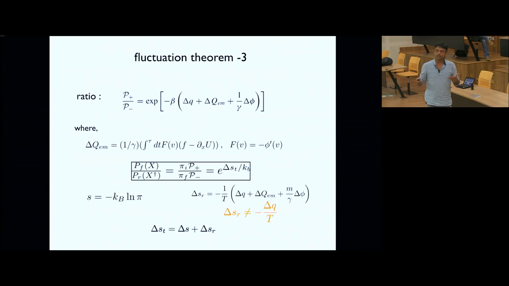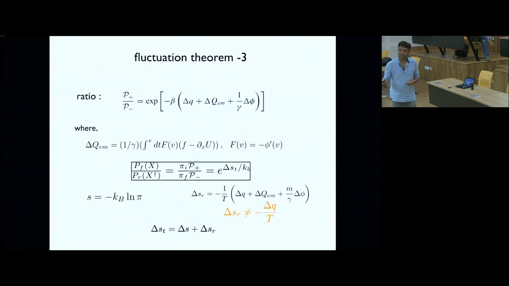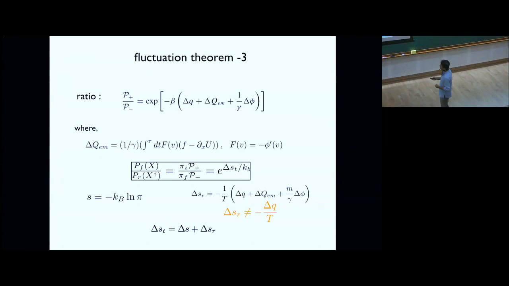Then you can do the regular stuff and show that the entropy production in the reservoir has this extra bit. Of course this whole thing obeys the fluctuation theorem, but this extra bit is really coming from the crosstalk between the internal energy bath and the mechanical degrees of freedom.